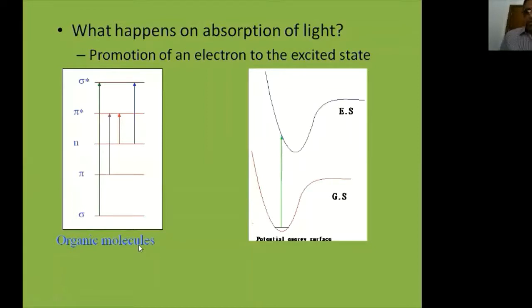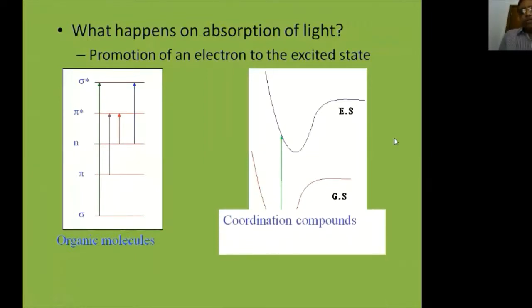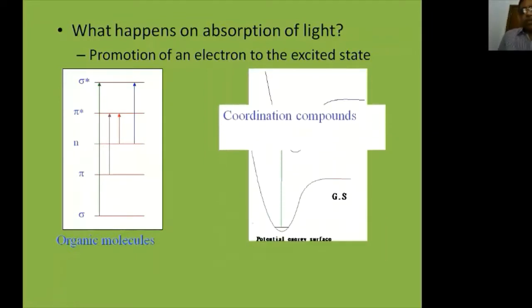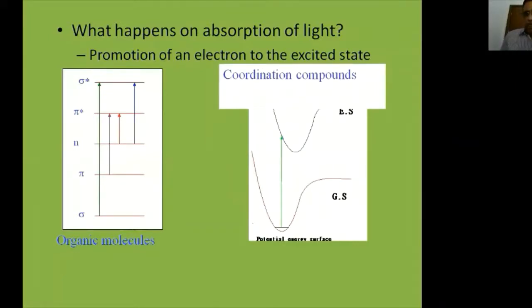Now you have an excitation of the electron from the ground state to the excited state. If you take, for example, a coordination compound, the same electronic transitions won't be there. The nomenclature of the electronic transitions is different compared with organic compounds.